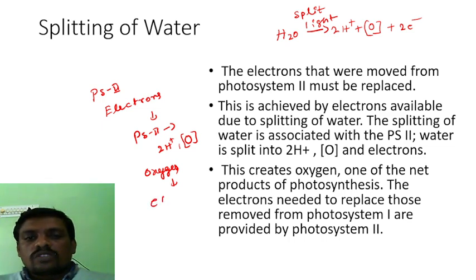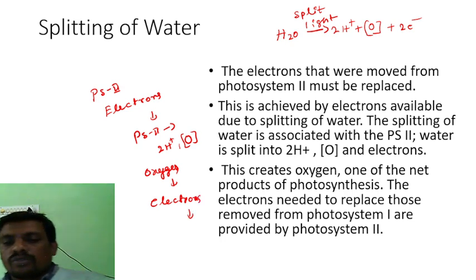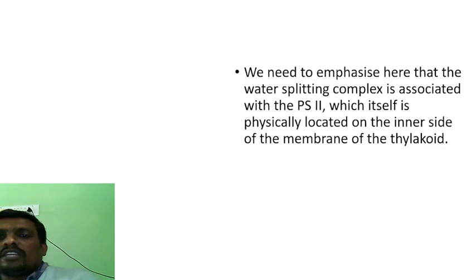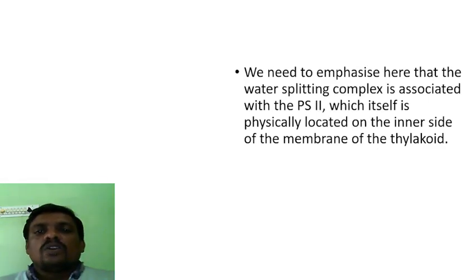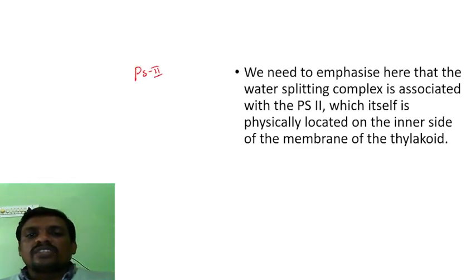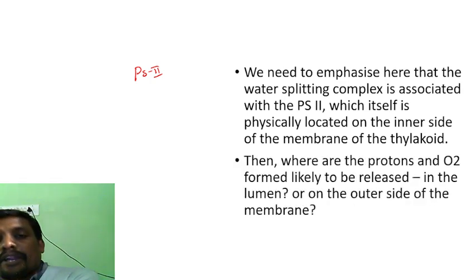The electrons needed to replace those from photosystem 1 are provided by photosystem 2. Finally, we need to emphasize here that the water splitting complex is associated with PS2, which is itself physically located on the inner side of the thylakoid membrane.